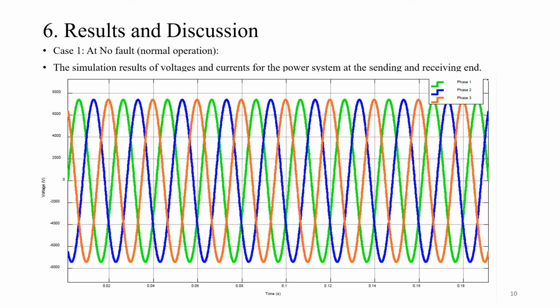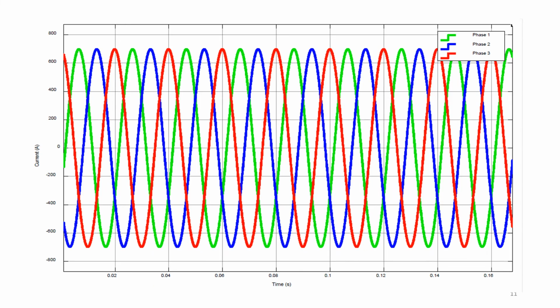As you can see, there are 3 phases over there, and there is no issue with this. In here you can see the current versus time diagram in the primary side. As you can see, there is no issue since there is no fault in the primary side at the moment.